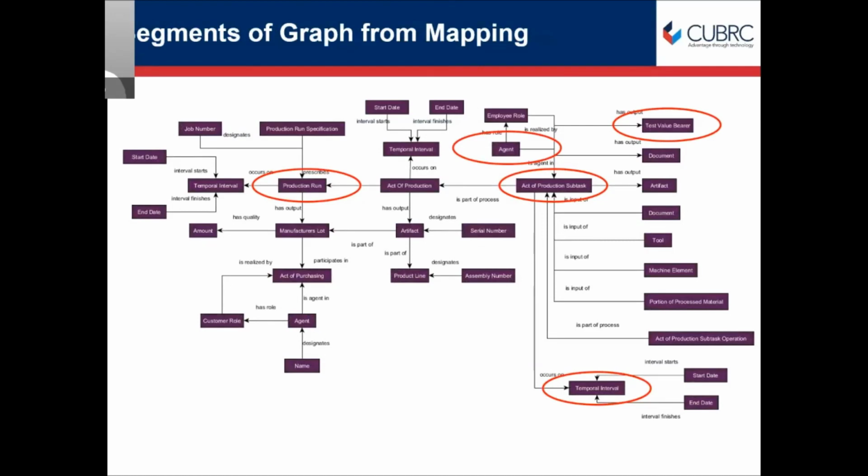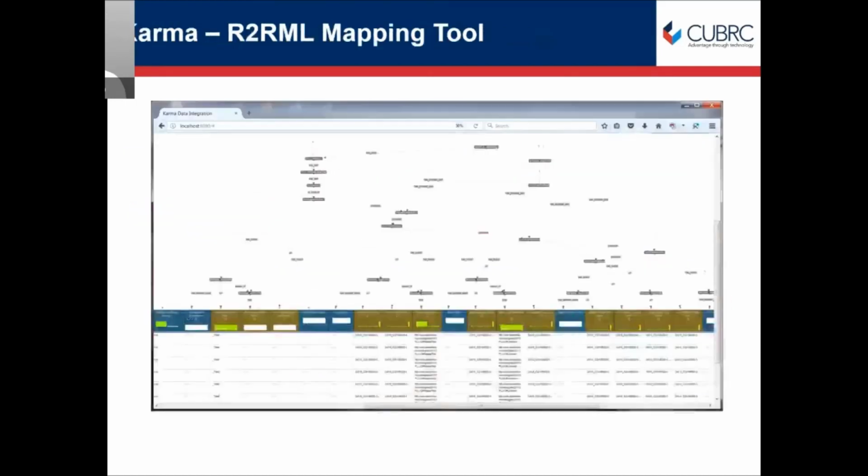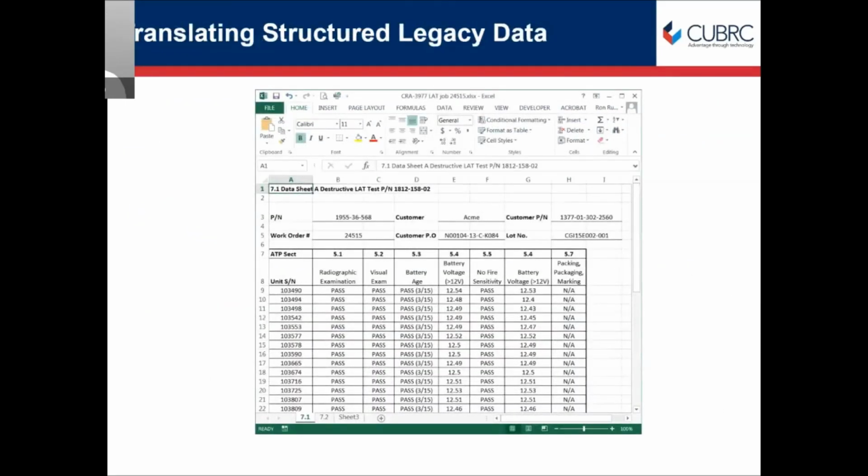There was a problem of, I guess you could almost call it entity resolution. So sure, you've got this test result, or this set of test results, but there's another set of test results for that same work order, 24515. And it's for another step, maybe a step that happened 5 steps from this one in the overall production plan.